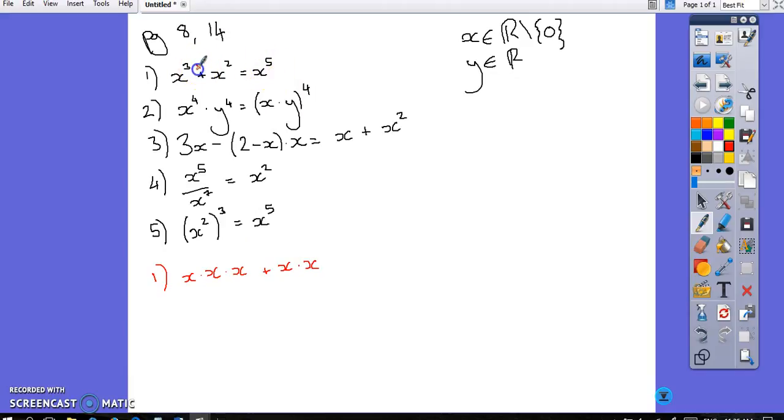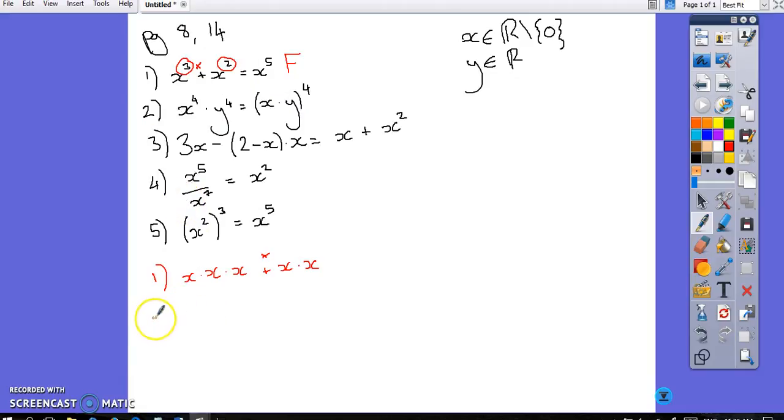Here, if we had a multiplication symbol rather than a plus, then of course we would have x times x times x times x times x, which would give us x to the 5, but we don't, we have a plus. And as you should be aware by now, we can't combine algebraic symbols with different powers. So this one is false, not correct.